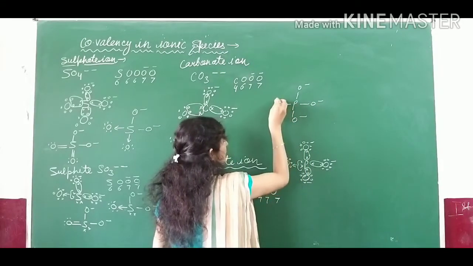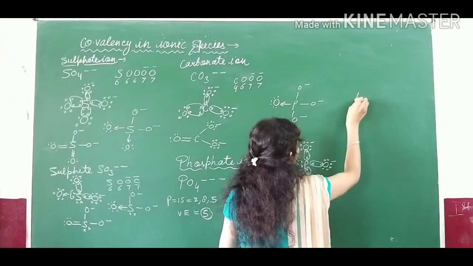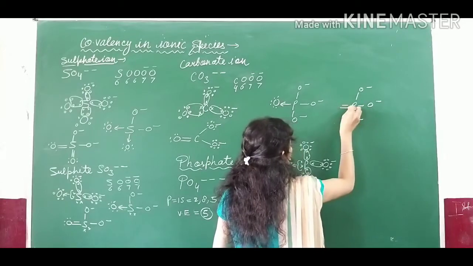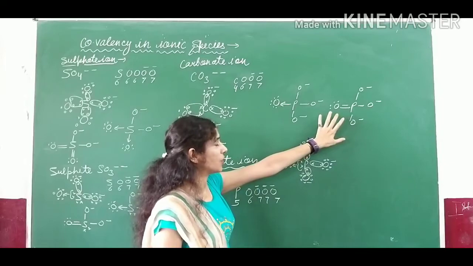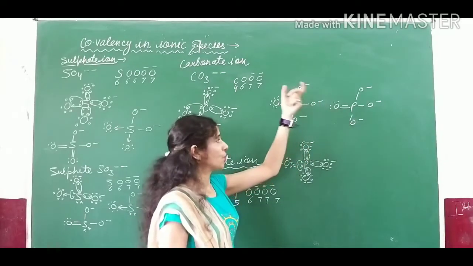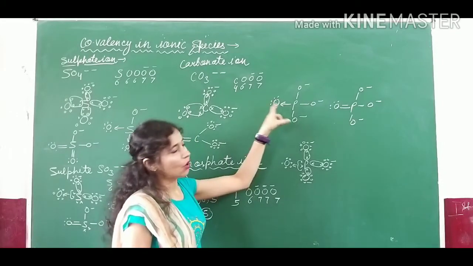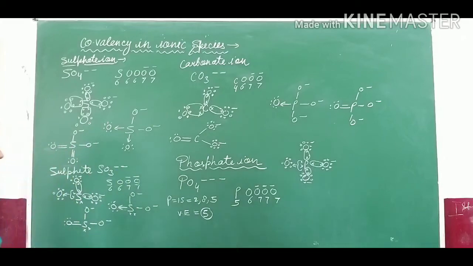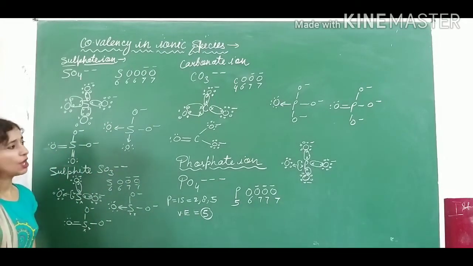You can make the dative bond there with their 6 electrons, or you can make this a double bond O. So this becomes the case of expanded octet, or to overcome the limitation of expanded octet, we can mention there the dative bond or the coordinate bond. Okay. So I think you all have got how these ionic species are to be formed.